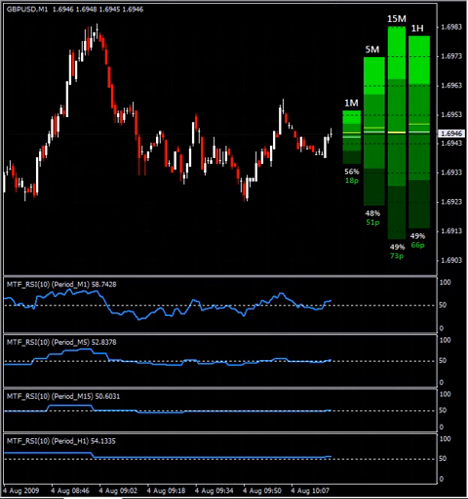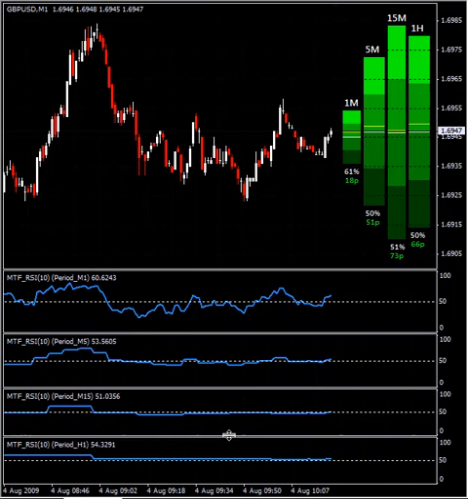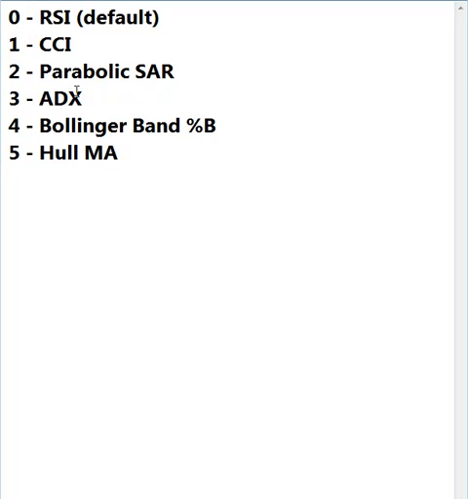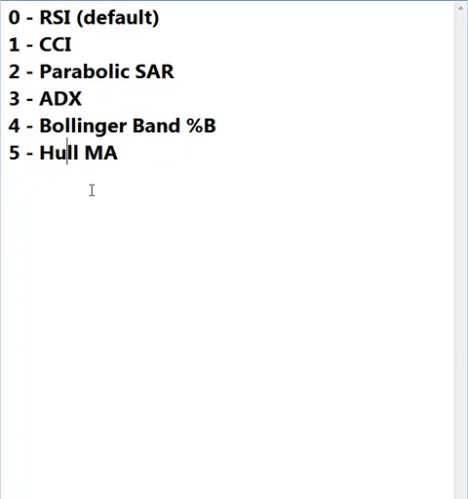Okay, so what we have is a trend indicator showing the overall trend on each of the 4 time frames. I use RSI, and it is the default coded with the Forex Diver, but you can choose from a list of 6 indicators: RSI, CCI, parabolic SAR, ADX, Bollinger Band %B, and the Hull moving average.